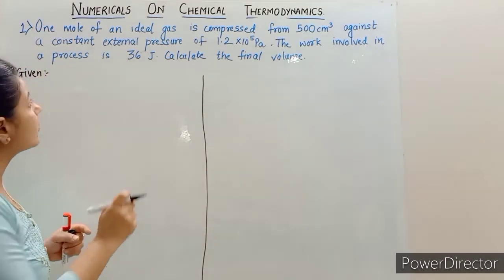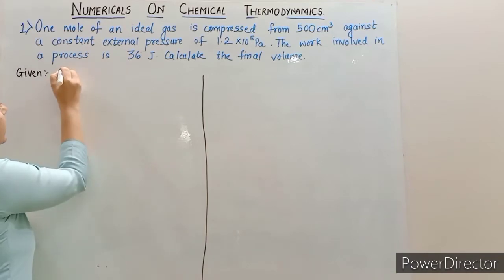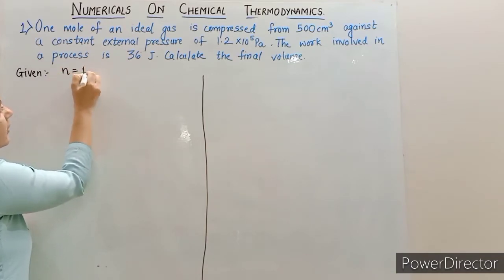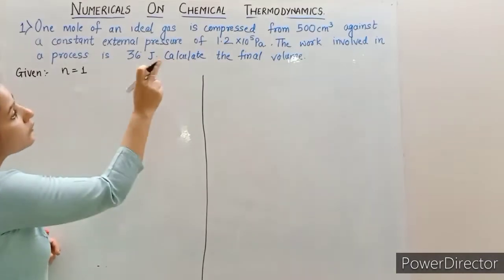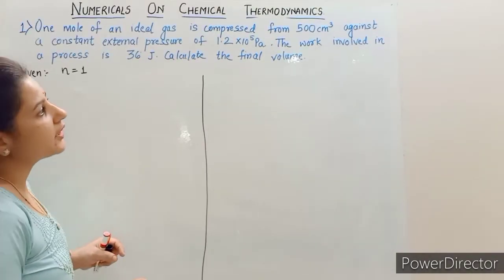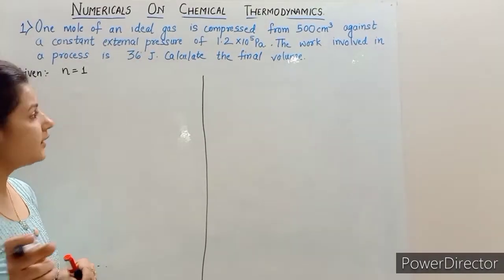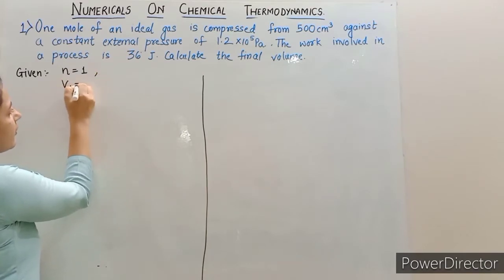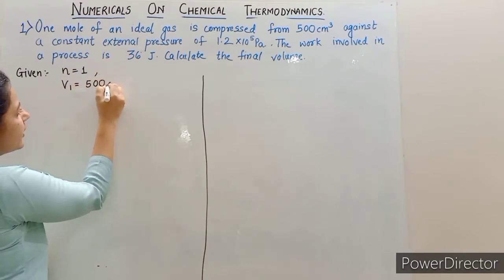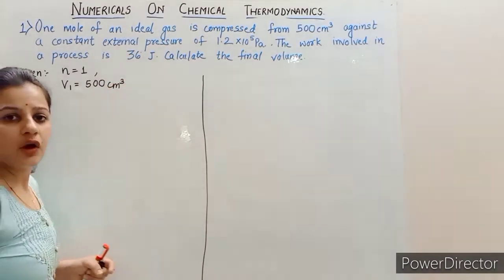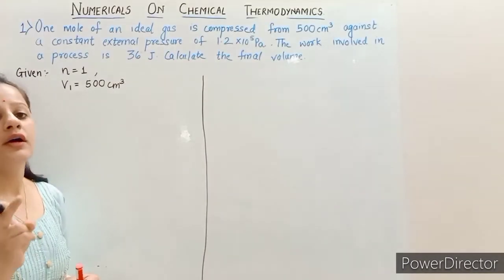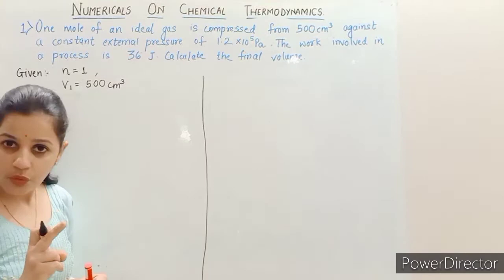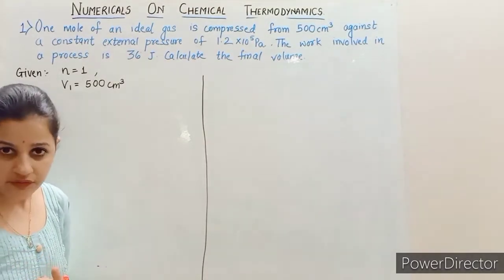In this case, 1 mole of an ideal gas means the number of moles n is 1, compressed from 500 centimeter cube. From means the volume has started, so V1 is equal to 500 centimeter cube. And just now we said that whenever the volume is in centimeter cube, we have to convert it into decimeter cube.